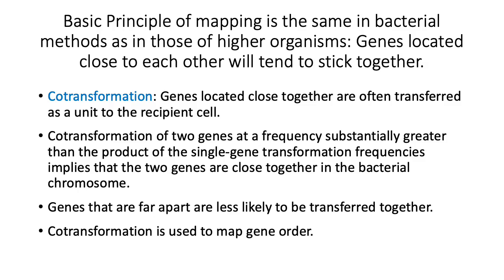And by looking at the function of the different genes, and whether the genotype changes after the transformation, and if it changes in one gene versus two versus three, and which genes they are, you can then figure out what sequence they are in on the bacterial chromosome.